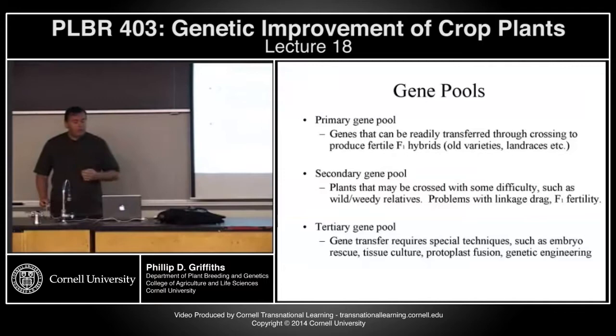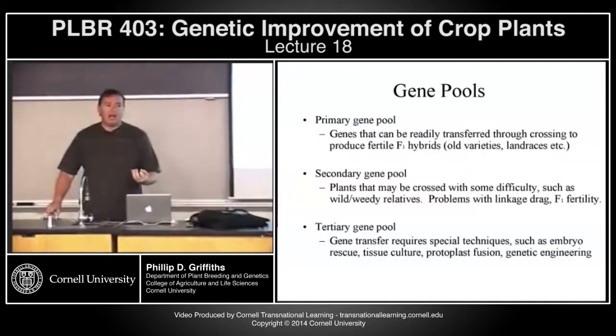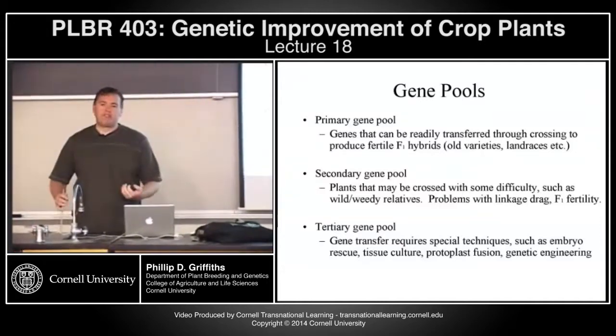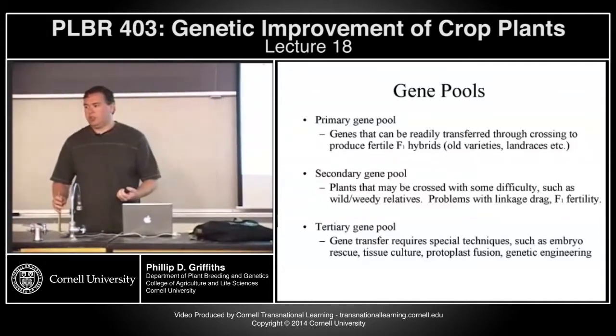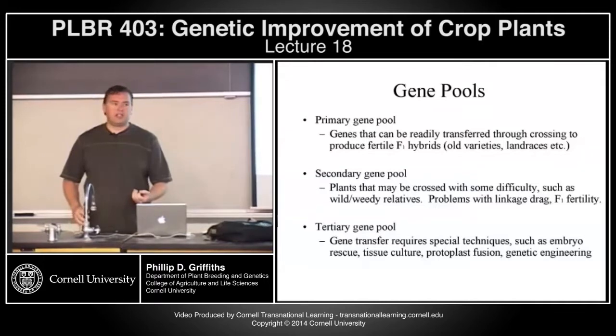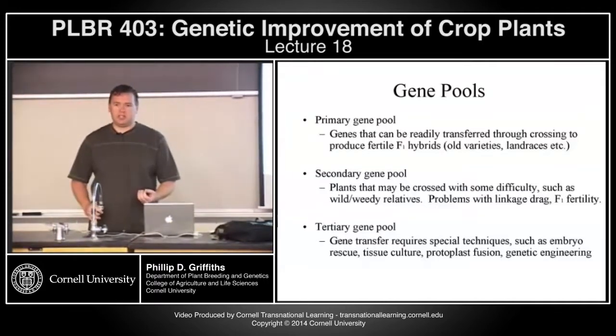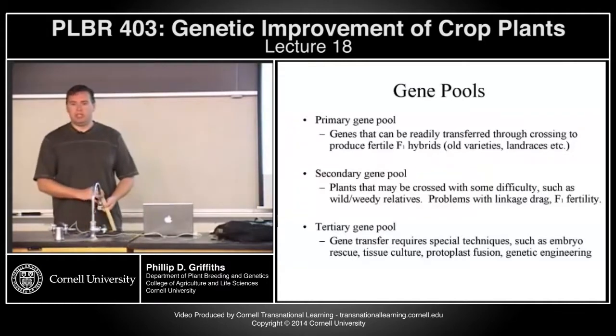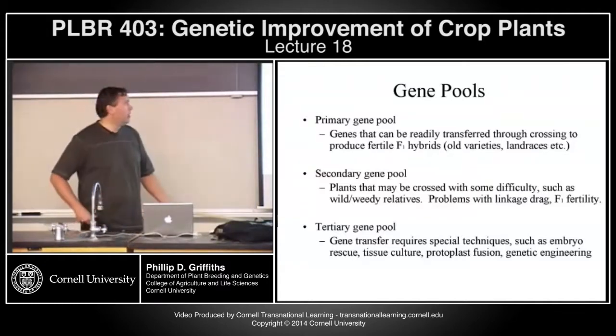So when we're looking to utilize genetic resources, we have to consider how closely related they are to the commercial varieties we're looking to produce. Because as a breeder, if we can find that trait of interest in something that's closely related, that is always going to be the most preferable place to go.